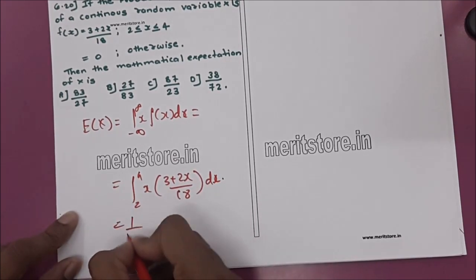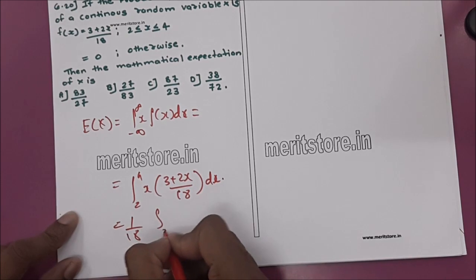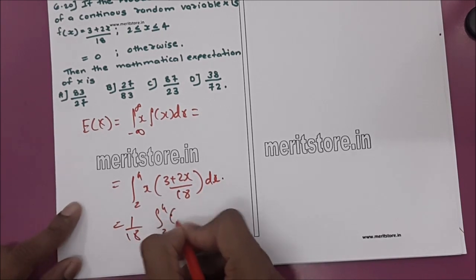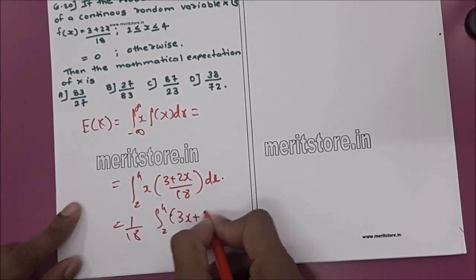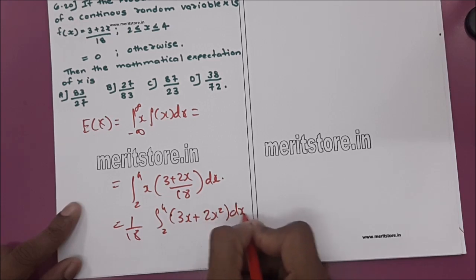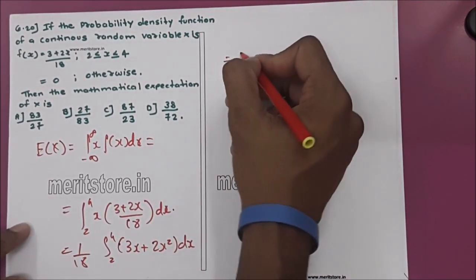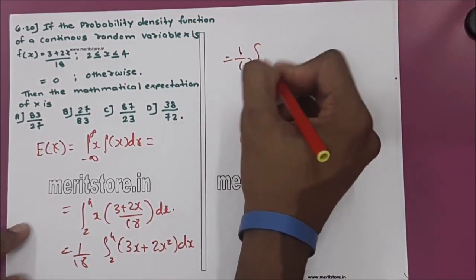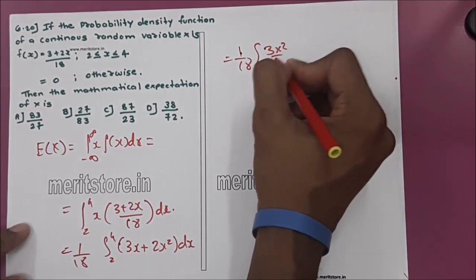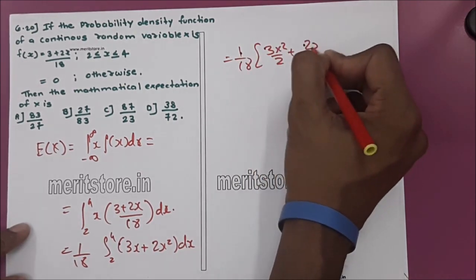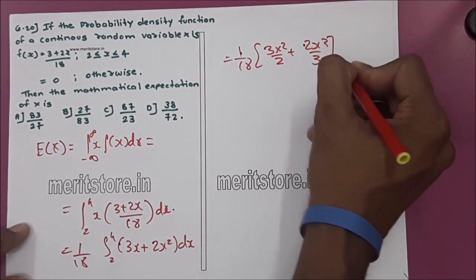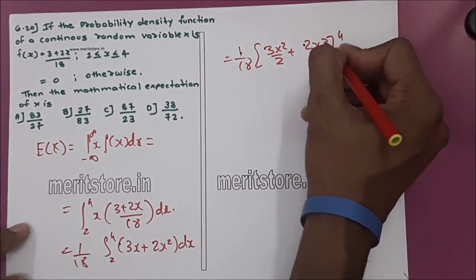We take 18 outside, we get the integral from 2 to 4 of 3x plus 2x square dx. We integrate, we get 1 by 18 times 3x square by 2 plus 2x cube by 3, from 2 to 4.